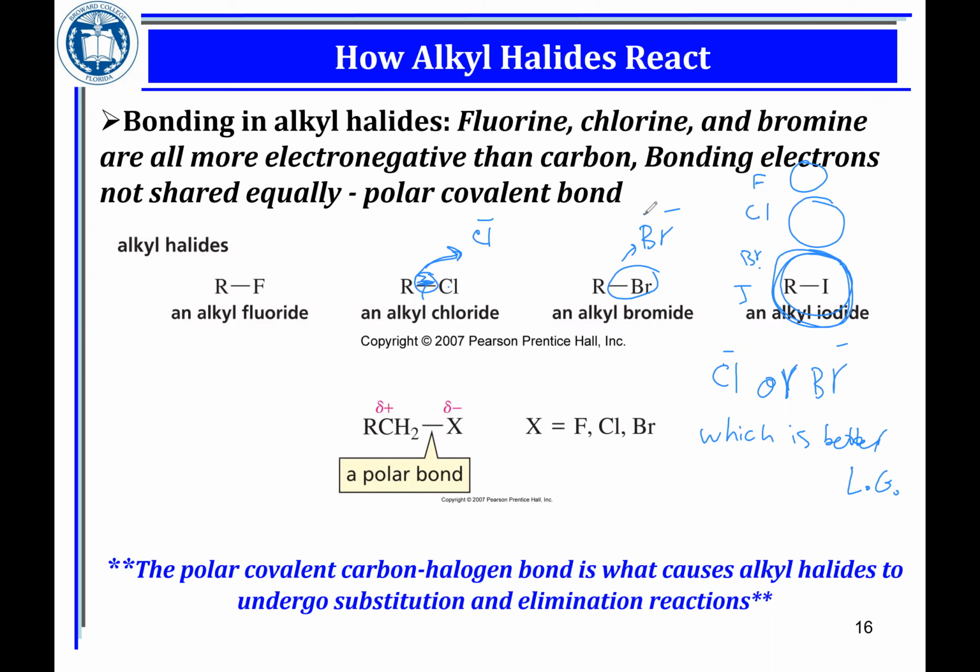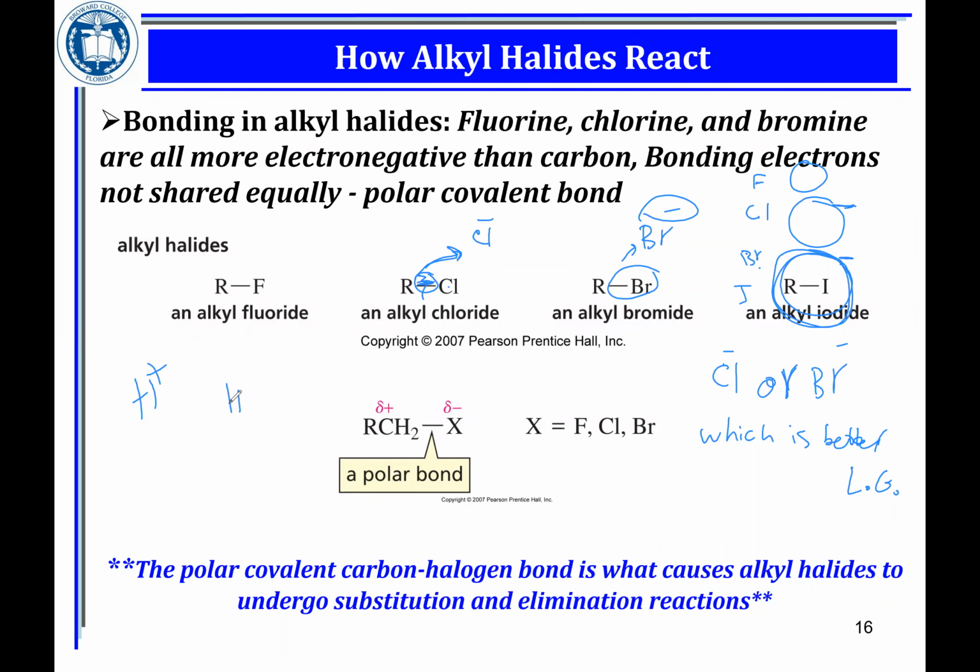Negative charge is going to be easier to handle on bromine because bromine is larger in size. So negative charge on a larger atom is going to be more stable than on a smaller ion. Like H plus is not a good leaving group at all.